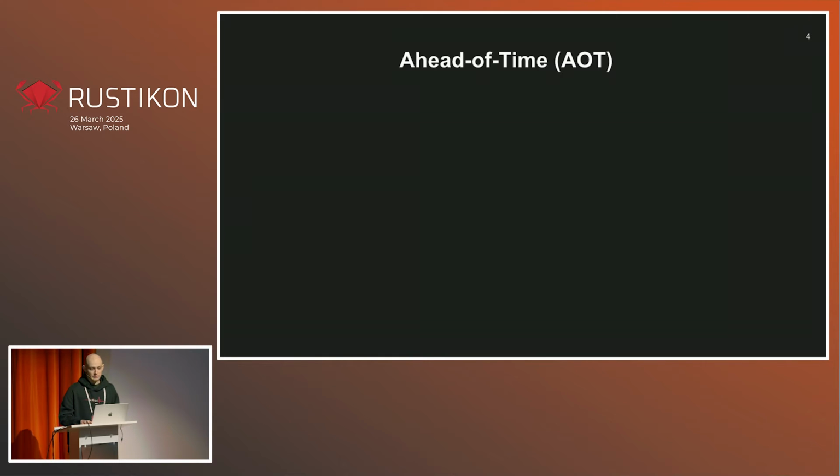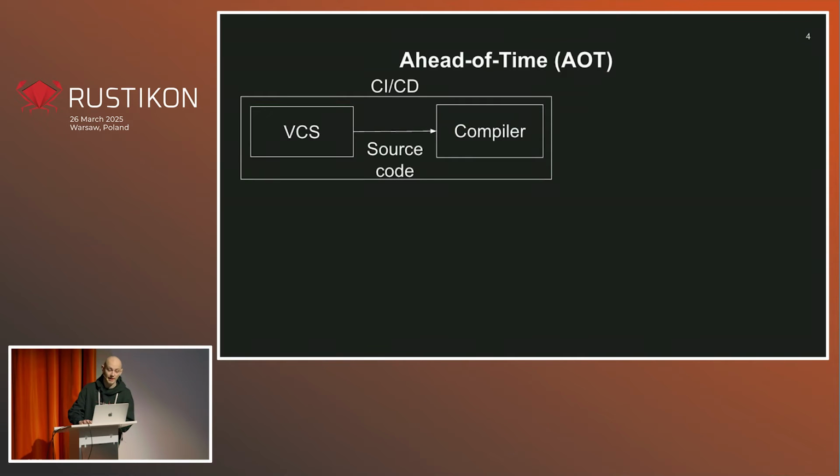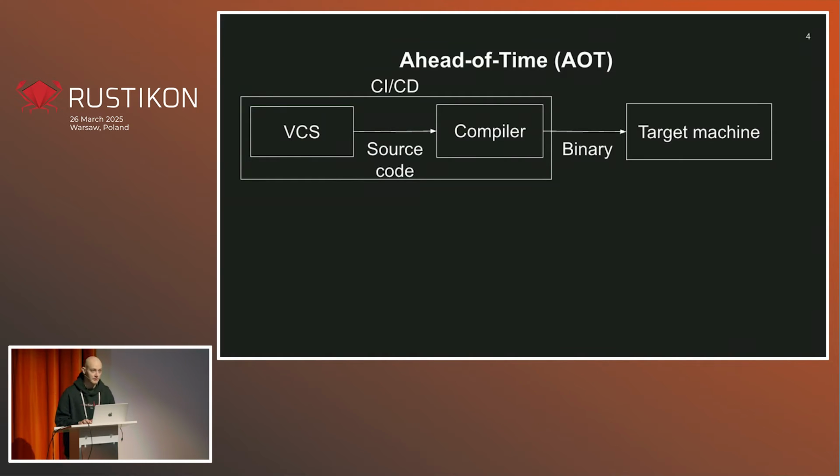So let's talk about compilation. There are two major ways to compile our programs. The first one is the ahead-of-time model. It's the native model for Rust. We have our usual CI/CD pipeline, source code comes to a compiler, and the result is a binary in machine code, and this binary is deployed to a target machine. The second model is the just-in-time model.